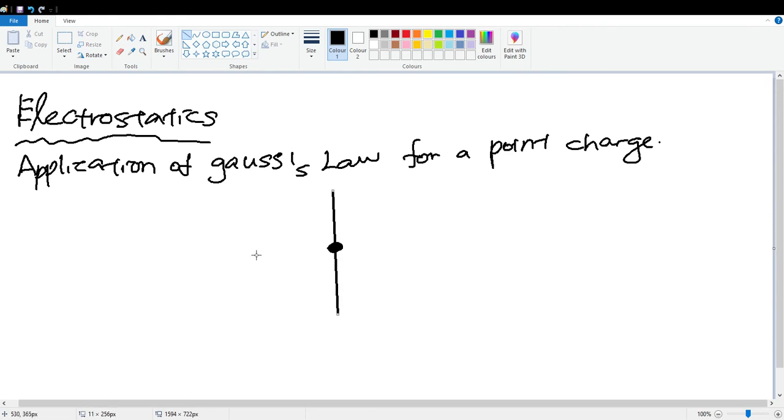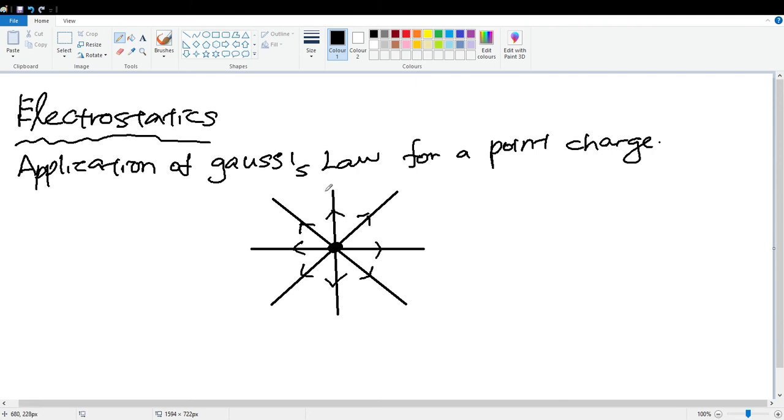The electric field lines produced by the positive charge point outwards from the positive charge, pointing outwards in all directions. These are the electric field lines produced by this positively charged particle.